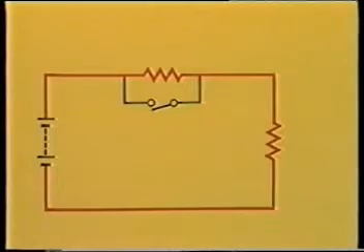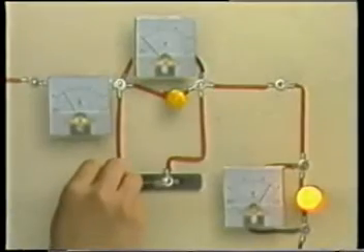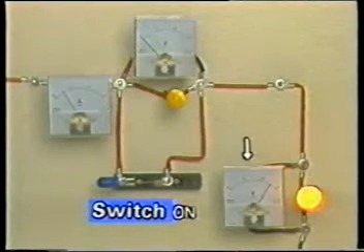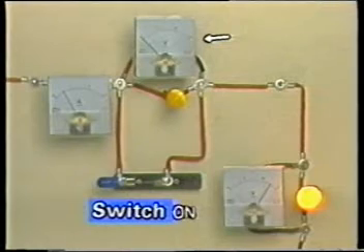We turn the switch on next and check the voltage and current. This voltmeter indicates 13 volts, but the other voltmeter shows 0 volts. Can you explain why?